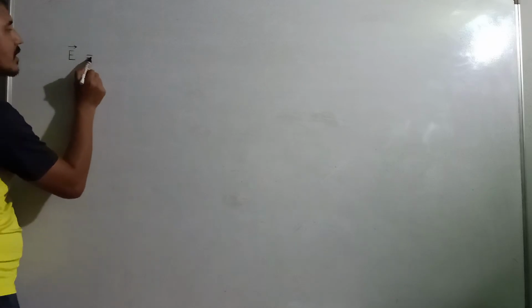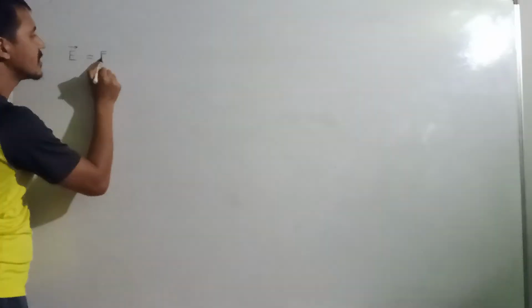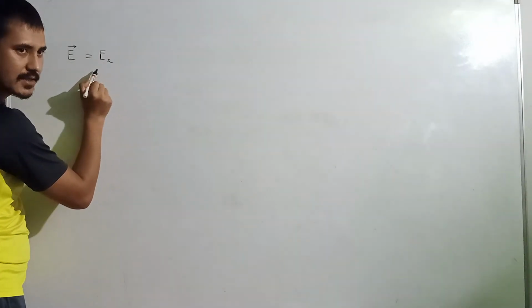Electric field E. If this electric field is in space, then it will have three components: along the x-axis, along the y-axis, and along the z-axis, right? Let's say that Ex is the component along the x-axis.